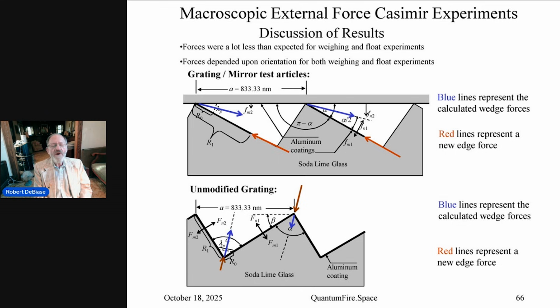On the top, you see in the blue lines represent the calculated wedge forces, and I'm postulating another force, an edge force, and they're in red. All right, so there are wedge and edge forces for both the test article on top and the unmodified gratings on the bottom.